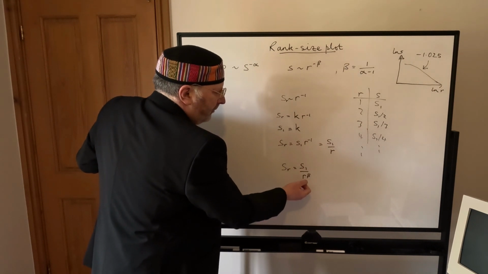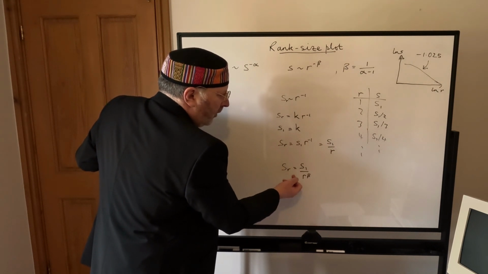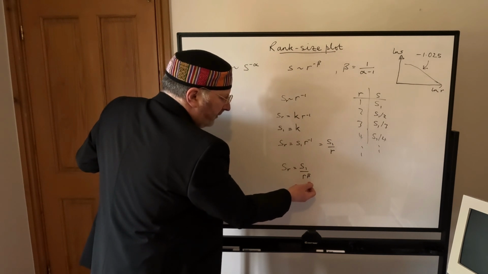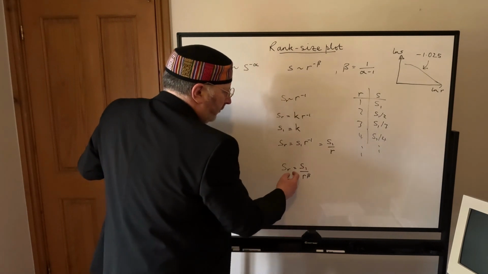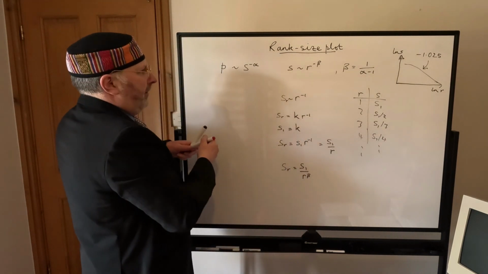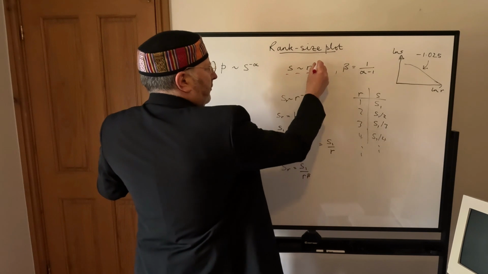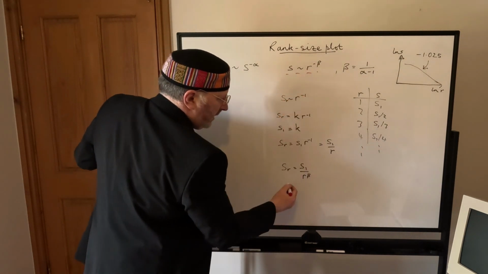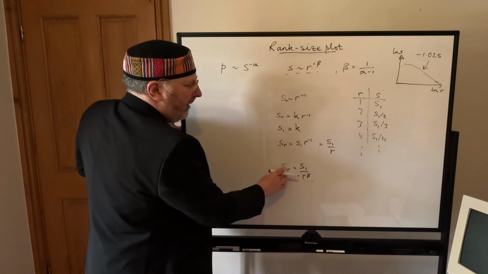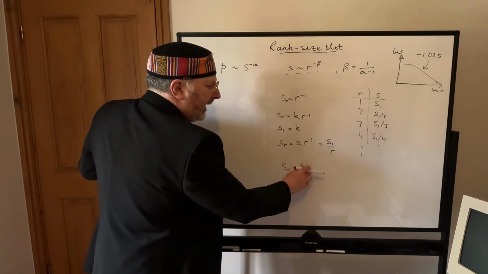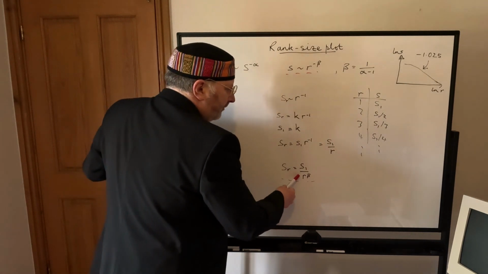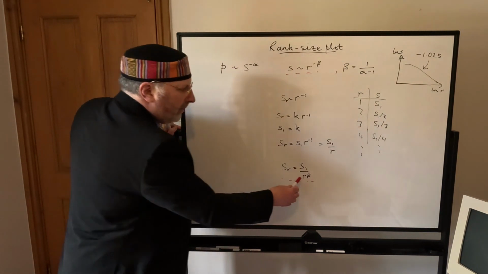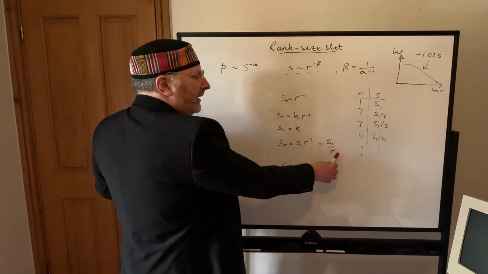When rank is 1, that's 1 to the beta, and 1 to the power of anything is 1, so S1 equals S1, which is correct. So in general, if the rank size has an exponent of beta, then the size of rank R will depend on the size of rank 1 by this kind of relationship. There'll be an R to the beta on the bottom line instead of just R.